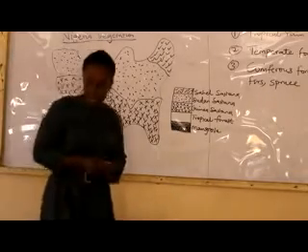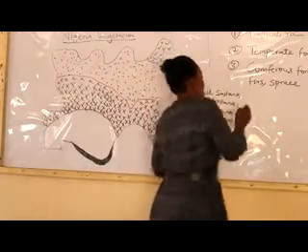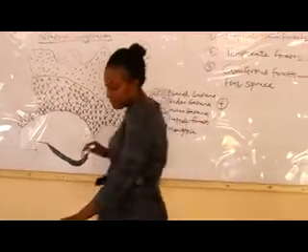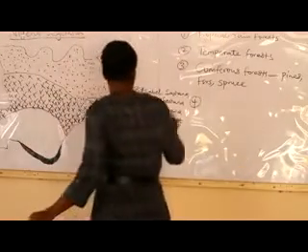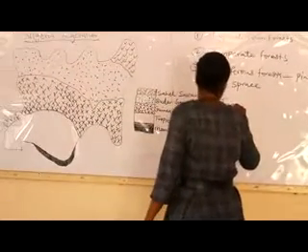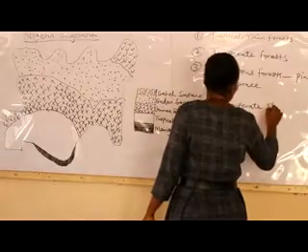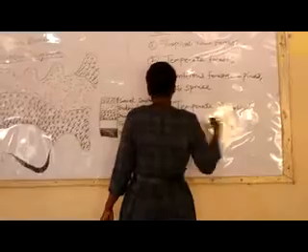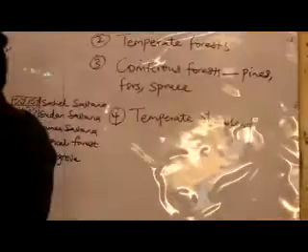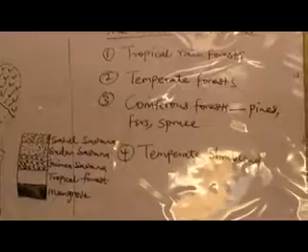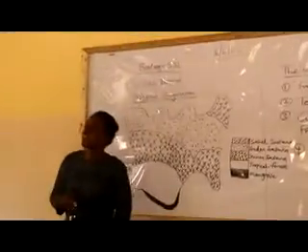Then we have another type of biome known as temperate shrubland. This type of biome consists of drought-resistant shrubs. You know what drought resistance means?